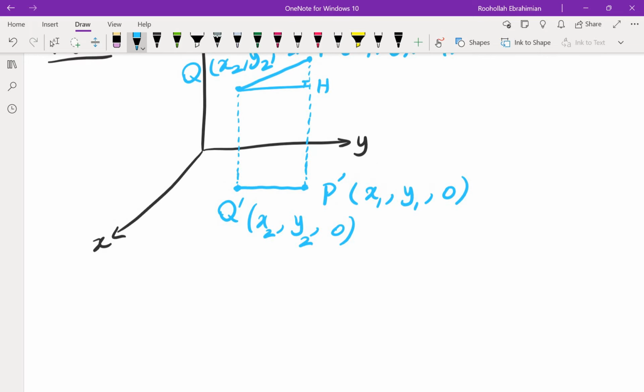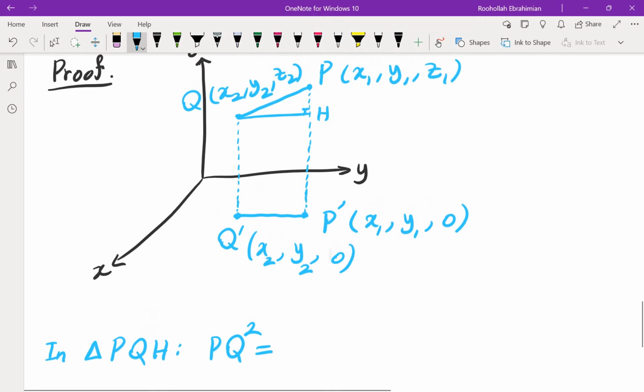So in triangle PQH, it's a right triangle, so PQ squared is equal to HQ squared plus HP squared. And the reason is the Pythagorean theorem.